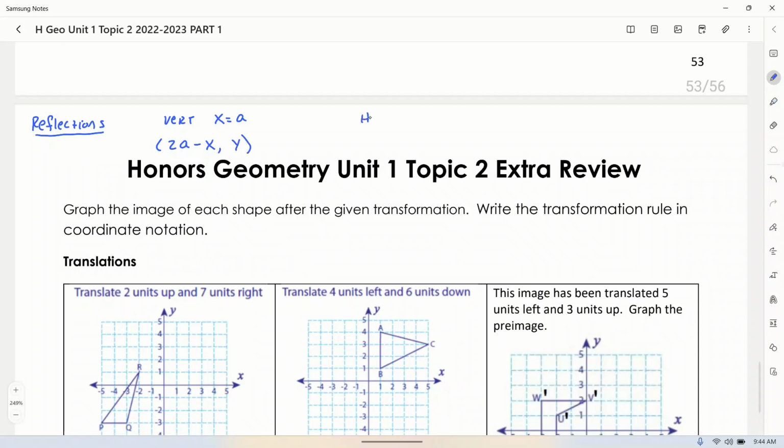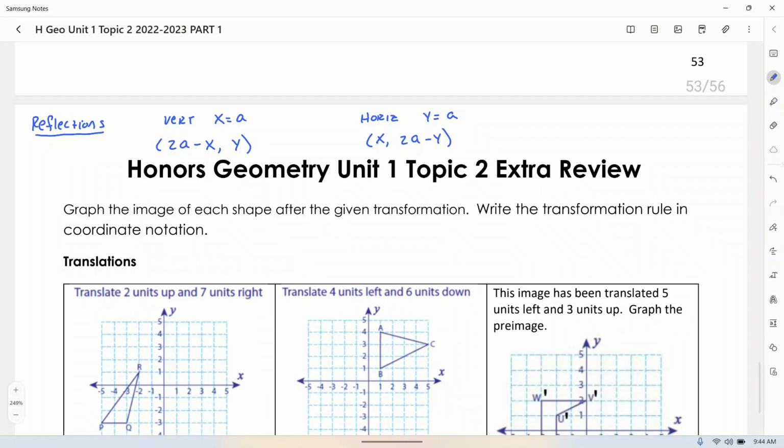But what if the line is horizontal? Let's say y equals a. The rule is going to be exactly the same, but applied to the y coordinate. So we're going to go 2a minus y. This is a notation I haven't seen before, but having tested it on a lot of the points, it is what we're going to use as the coordinate notation.